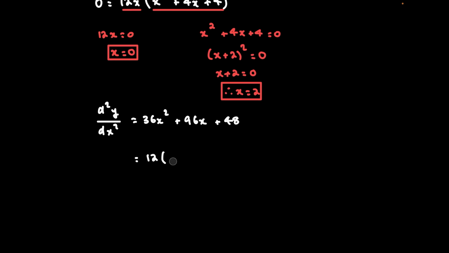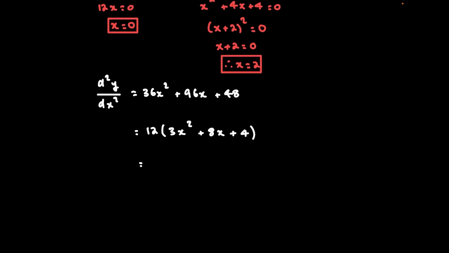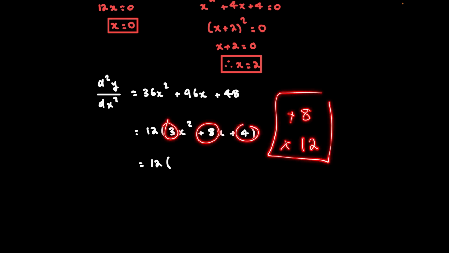And I'll be left with 3x squared plus 8x plus 4. I can factorize this one more time by thinking of two numbers that add to 8 but multiply to 3 times 4, so 12.